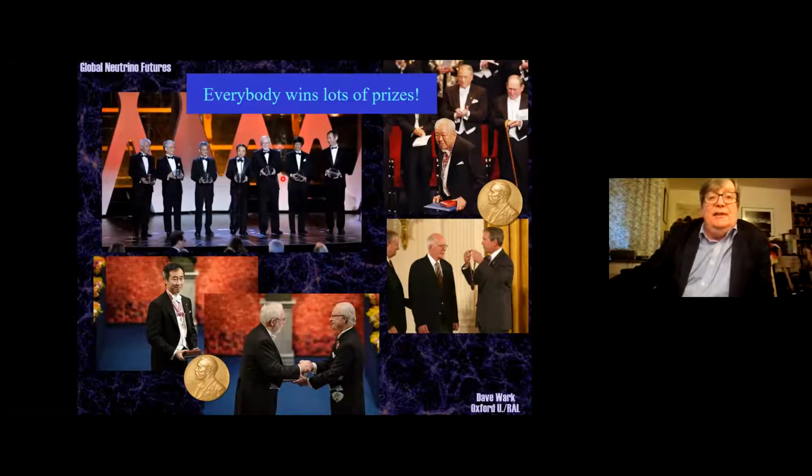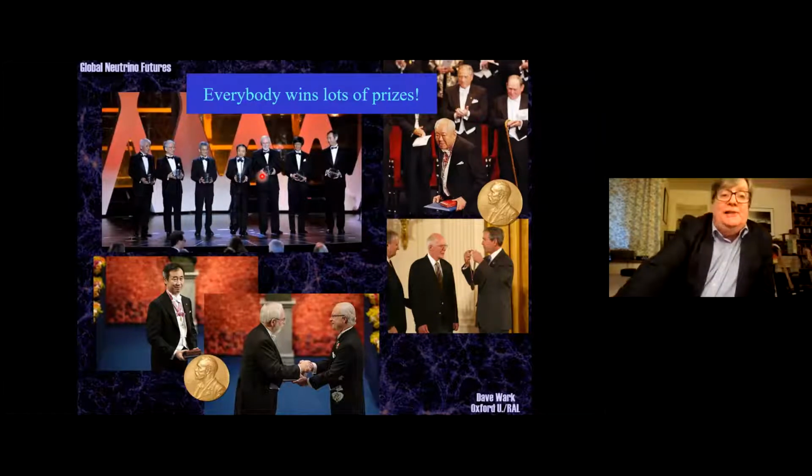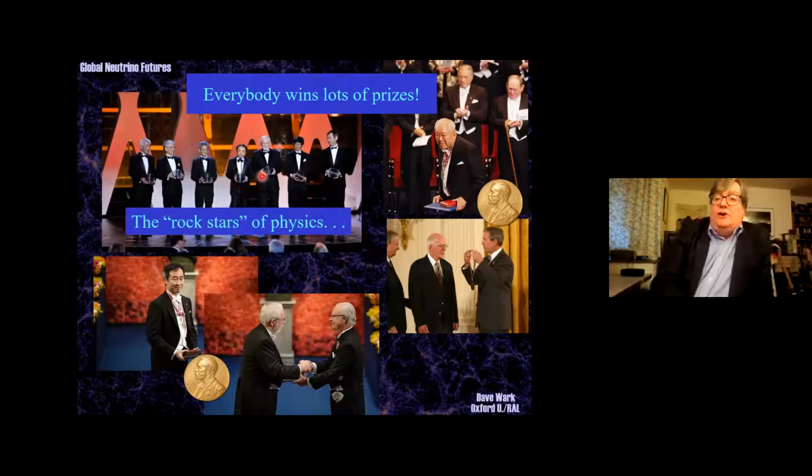And this is them plus a number of other people who won the Breakthrough Prize in physics in 2016, along with about 1,000 people, myself included. Most of the neutrino physicists that you ever talked to won the prize, which led a science journalist to identify these seven gentlemen as the rock stars of physics, which tells me that science journalists don't hang out with a lot of rock stars.